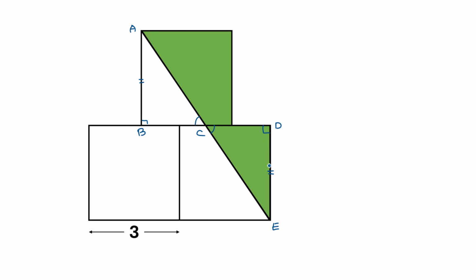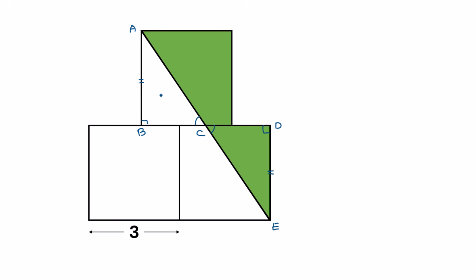These two sides are equal because both are the sides of these two squares, and this length is 3 units. As these two angles and this side are the same, these two triangles are congruent. So the area of this triangle ABC and this CDE are the same.